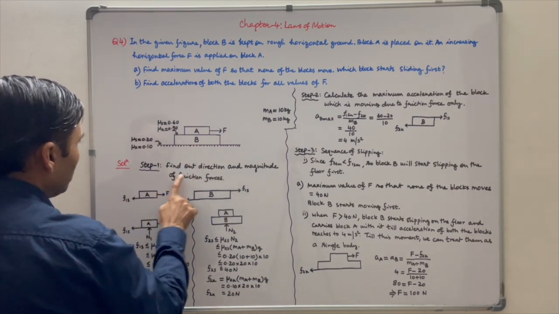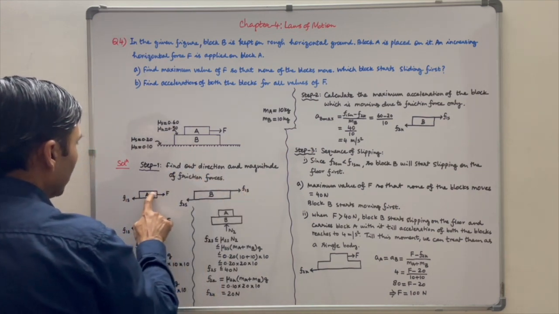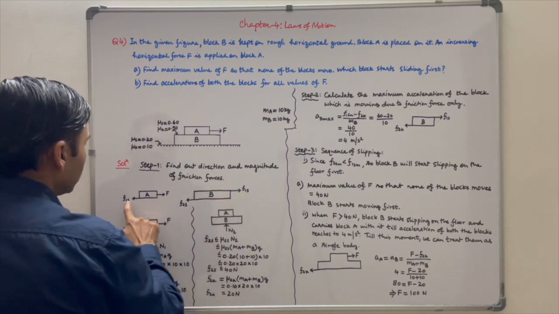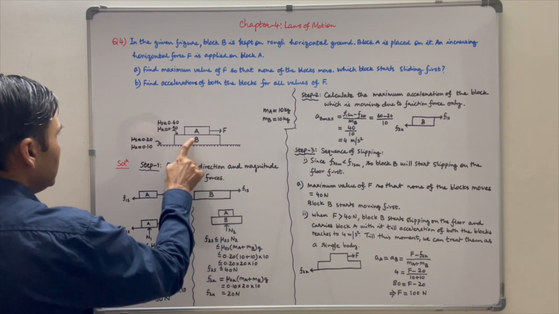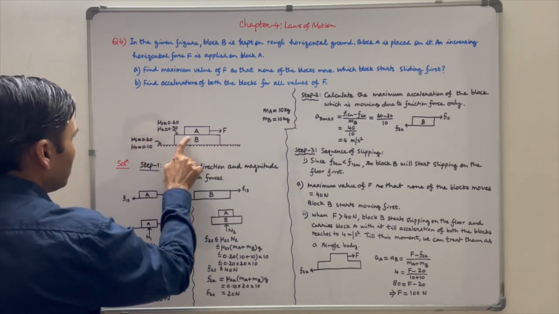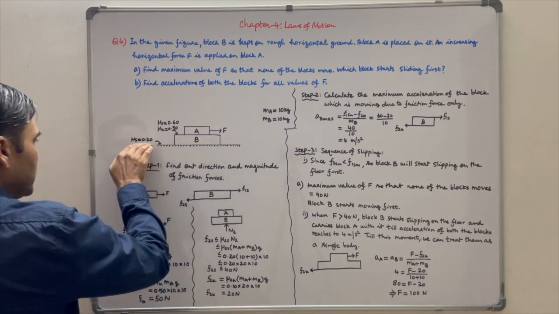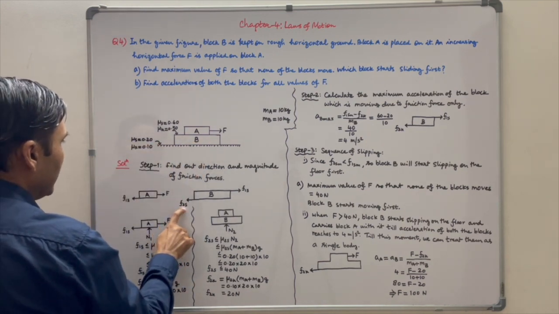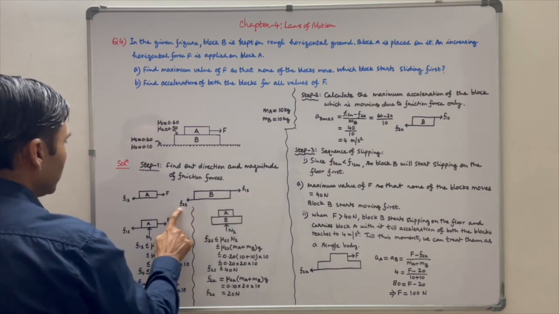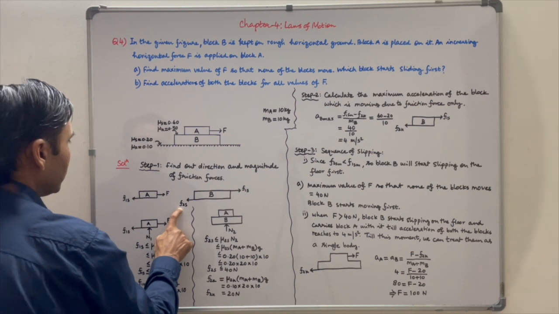An equal and opposite force will be applied by block A on upper surface of block B as they make action-reaction pair. Since block B will move forward, the floor will apply a friction force on block B in opposite direction. It is represented by F2S. Now we know the directions of friction forces. Next, we will calculate magnitude of friction forces.